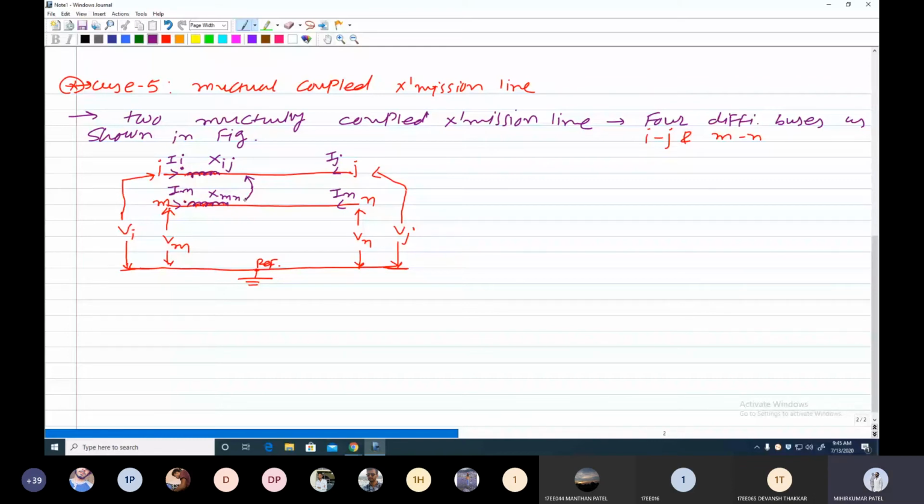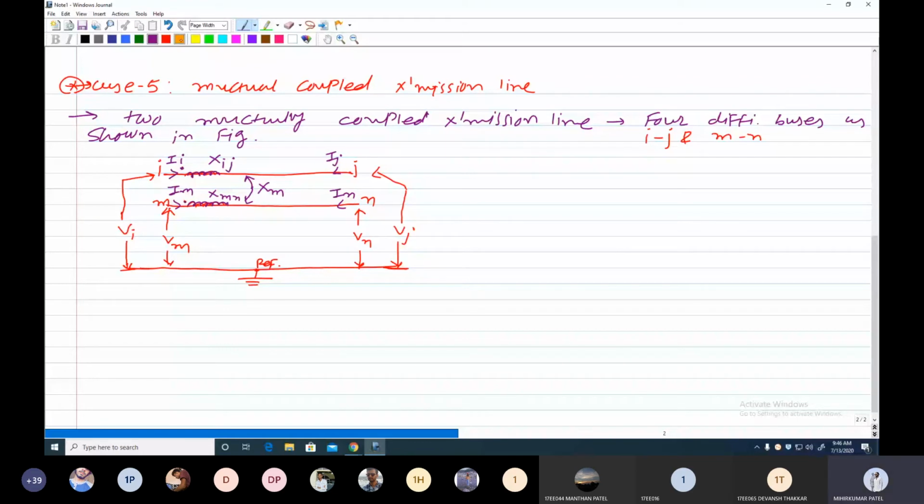Before starting, let me repeat it again. For the case of mutual coupled transmission lines, here we have considered a four-bus network having two different transmission lines, line IJ and line MN, at buses I, J, M and N. Clear? In this diagram, we have shown the whole network with its reference voltages and currents.